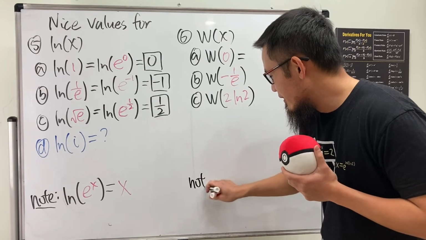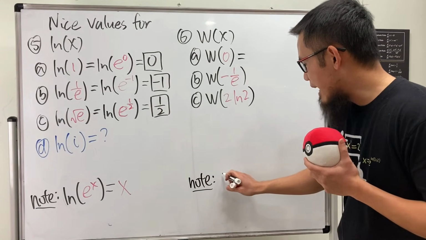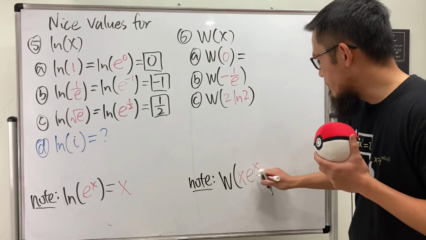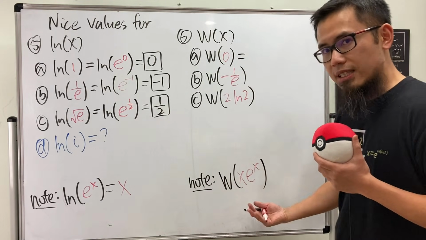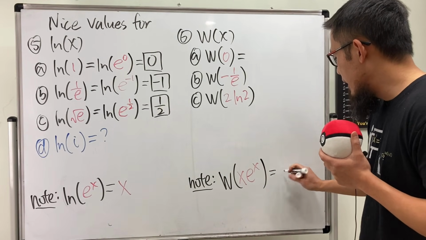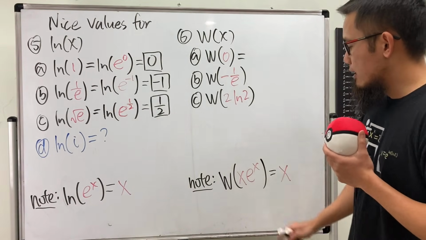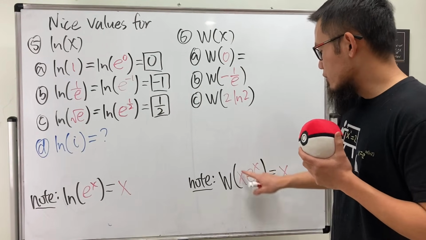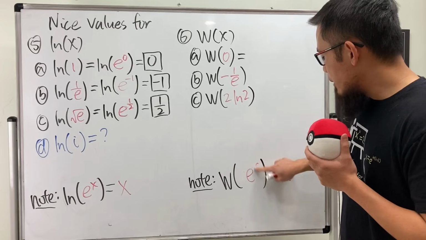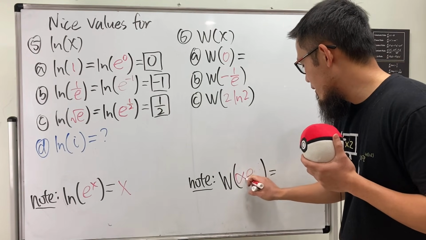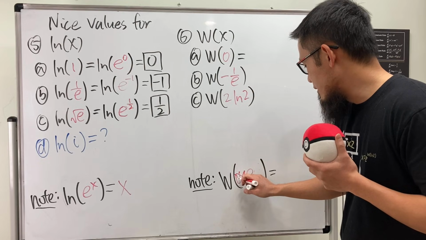This is the thought process. Note, again, we have to use the idea that W of x times e to the x power, this is the property that I mentioned earlier. This right here will give you x. This and that, they have to be the same. And if you have watched my other videos already, you know I usually like to draw fish right here. And the fish is actually from alpha.